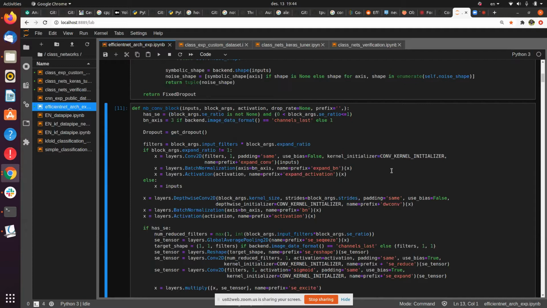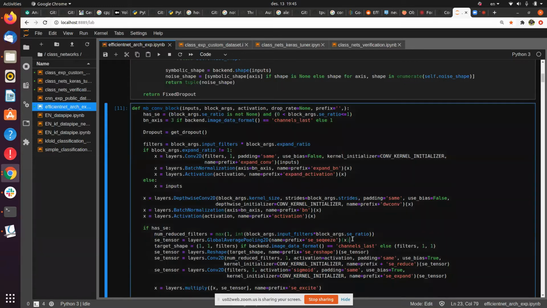Assume the expand ratio is not equal to 1, then first comes a convolution layer with the filters we got above from the block arguments, then batch normalization and activation. Then it applies the depth-wise convolution 2D, again batch normalization and activation, by default using swish.